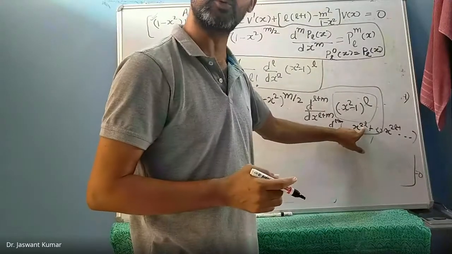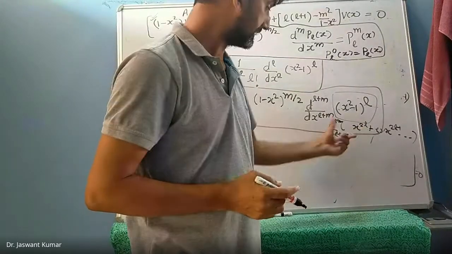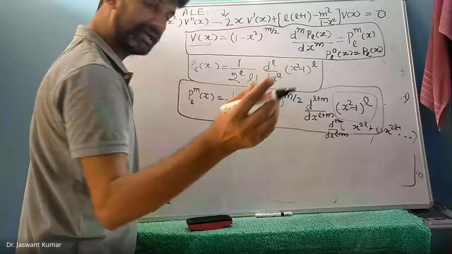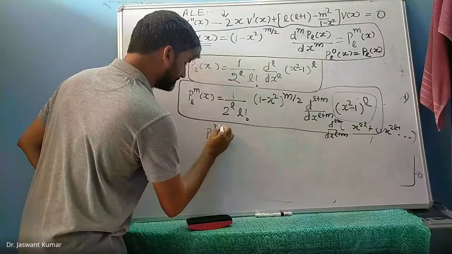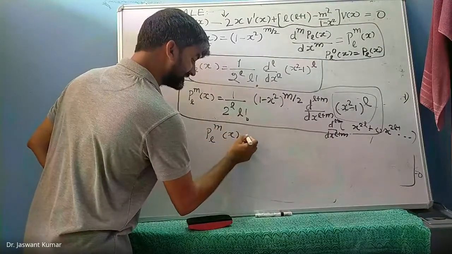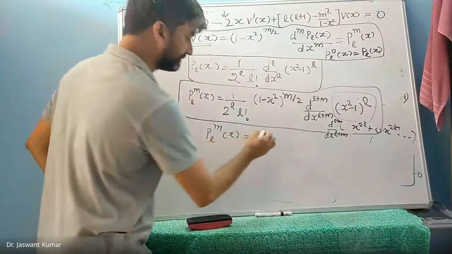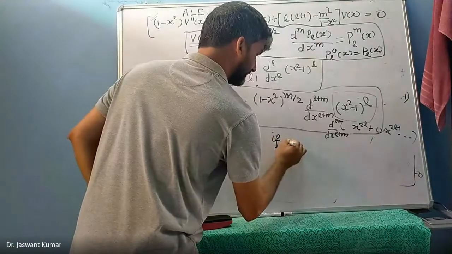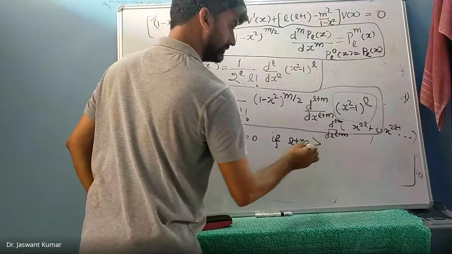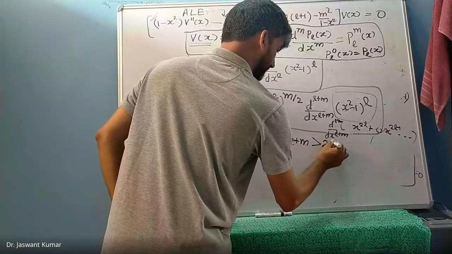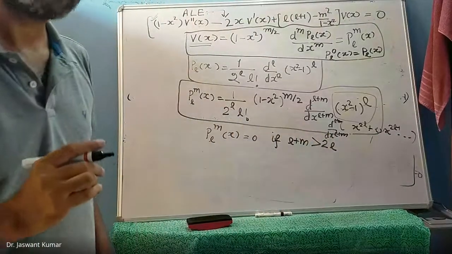If L plus M is greater than 2L, then this will be 0. So I write P_L^M of x is equal to 0 if L plus M is greater than 2L.